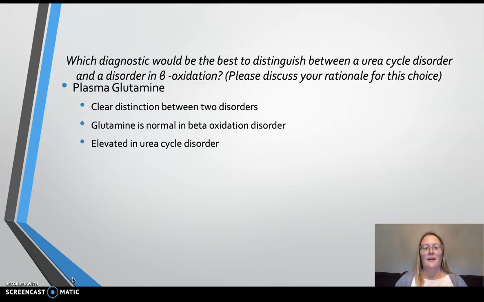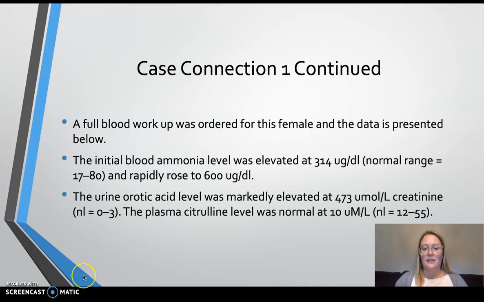Glutamine, as we know, is a non-essential amino acid that transports ammonia. So when a urea cycle disorder is present, ammonia as well as the plasma glutamine levels will rise, and that's much like the blood work that we see in this patient here.